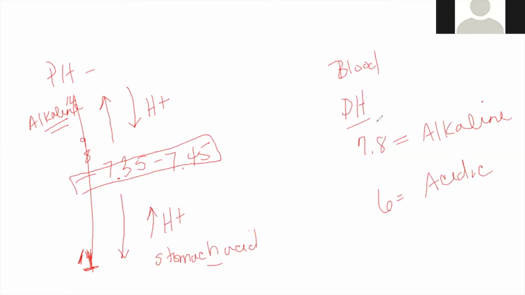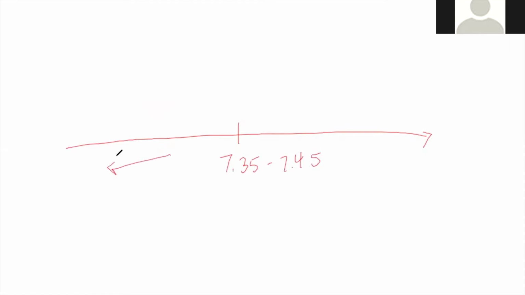If we should go outside of this scale too much, so let me go ahead and clear this, and let's say that we have it more here, and we have 7.35 to 7.45 here. If we go this way too far, this can lead to death.